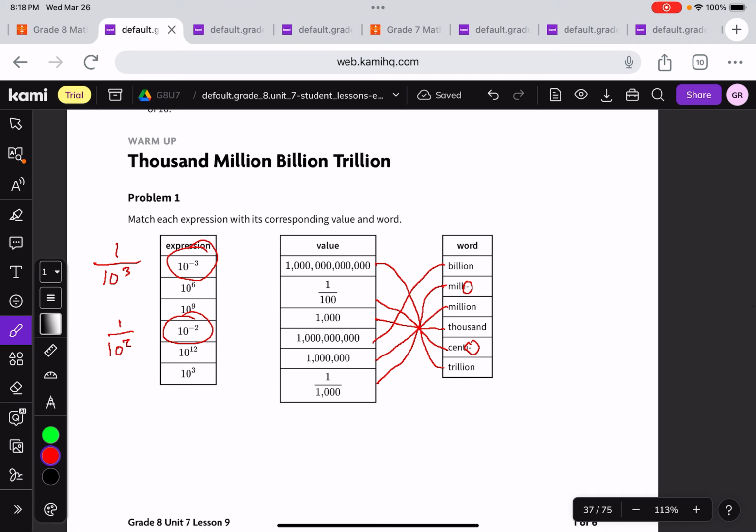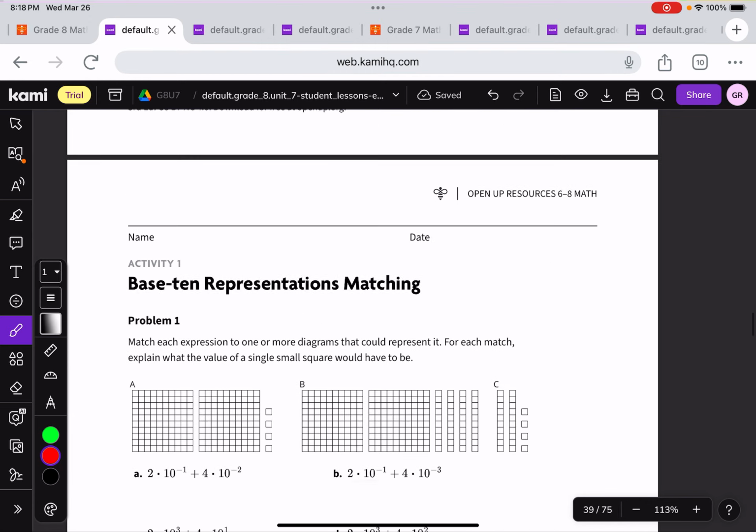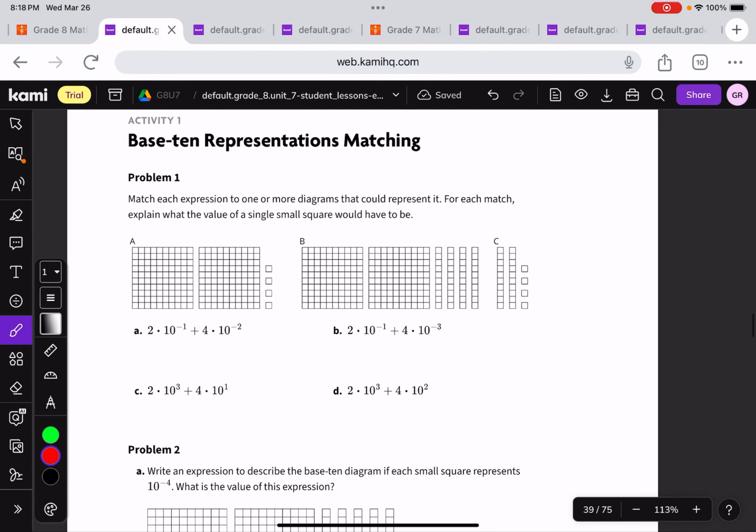This is laying the foundation, but I'm going to walk us through Activity 1. It says match each expression to one or more diagrams that could represent it. For each match, explain what the value of the single small square would have to be. So here we go. If you look right here, I've got 2 times 10 to the -1st, and I've got 4 times 10 to the -2nd.